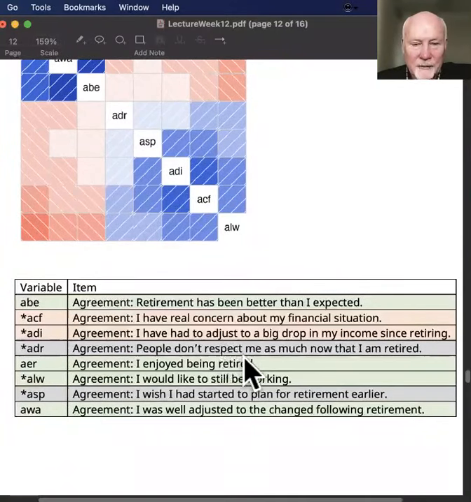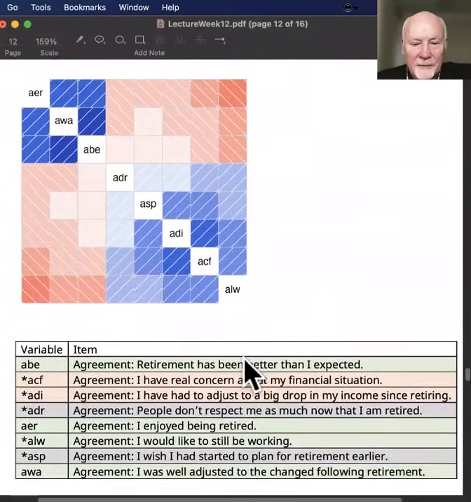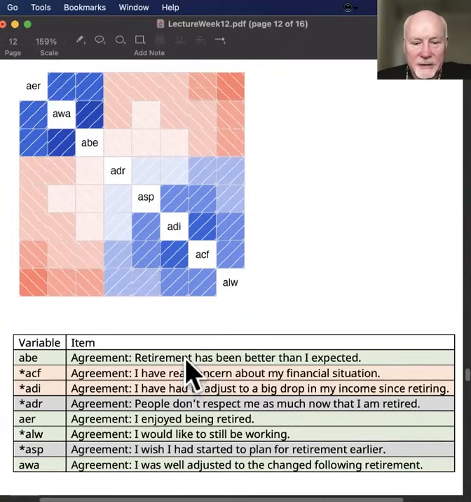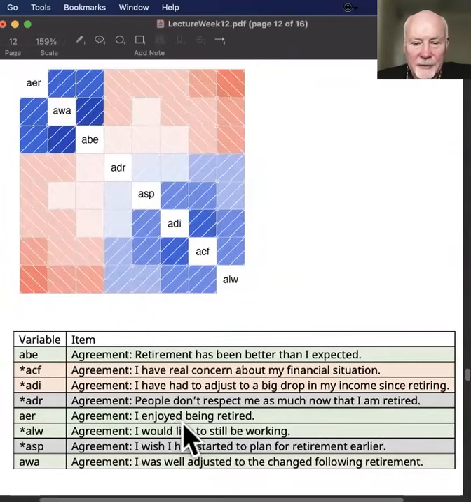AER, I enjoy being retired. And then there was a fourth one in that general satisfaction with retirement category, which is ALW, but that's a reverse coded one. So in this unreversed data that turns up down here at the negative end.